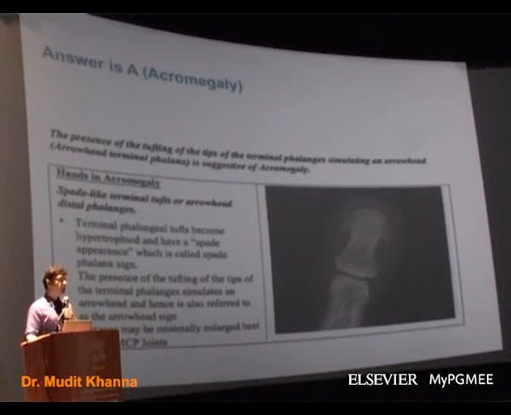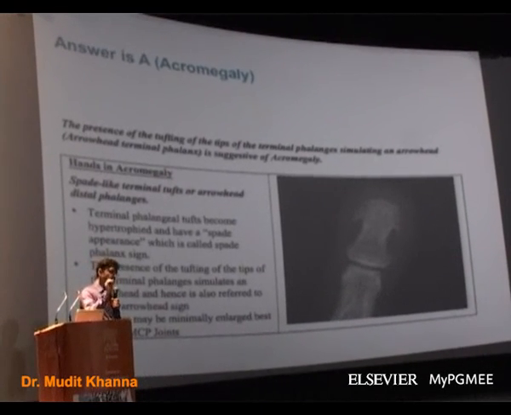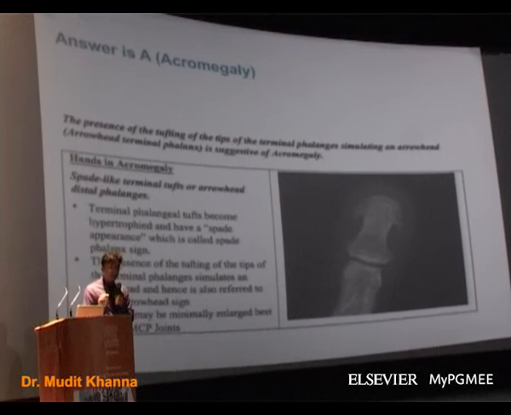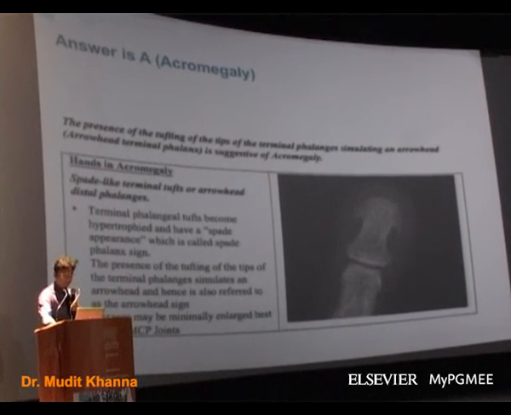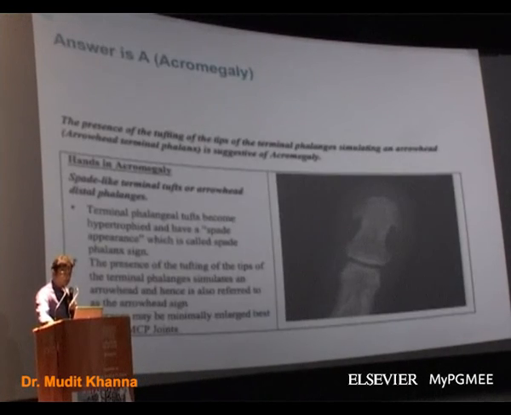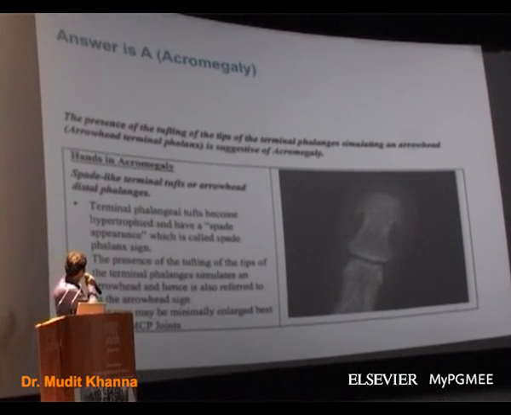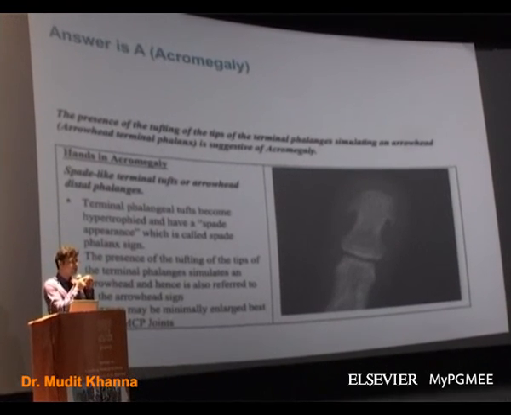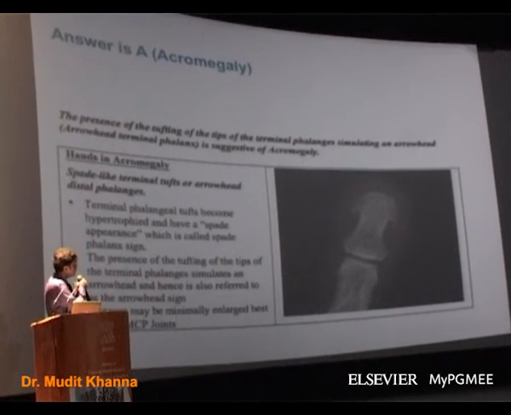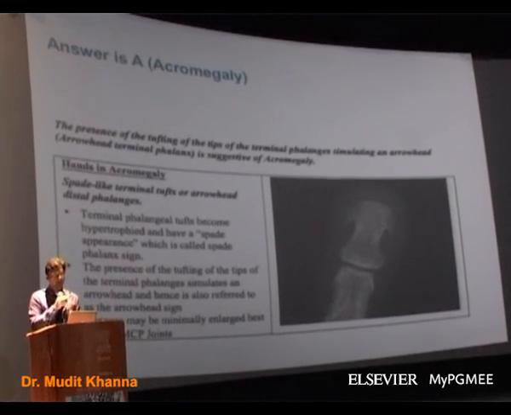Acromegaly. So it's subperiosteal resorption, that would be hyperparathyroidism. If the question talks about spade-like terminal tufts or tufting of terminal phalanges or arrowhead deformity, the answer is acromegaly.